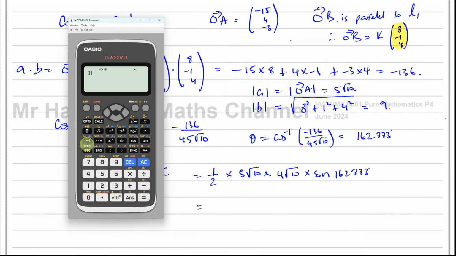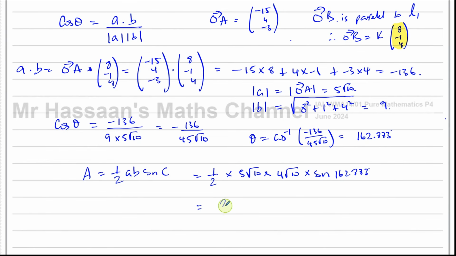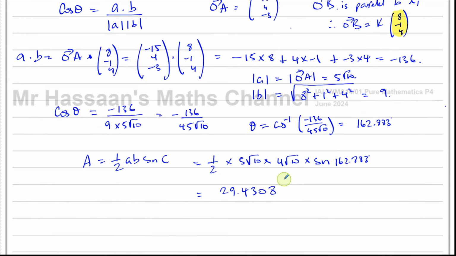So we have a half times 4 root 10 times 5 root 10 times the sine of the last answer, which was the angle that we got. And that gives us 29.4308. And they want the answer to 1 decimal place.